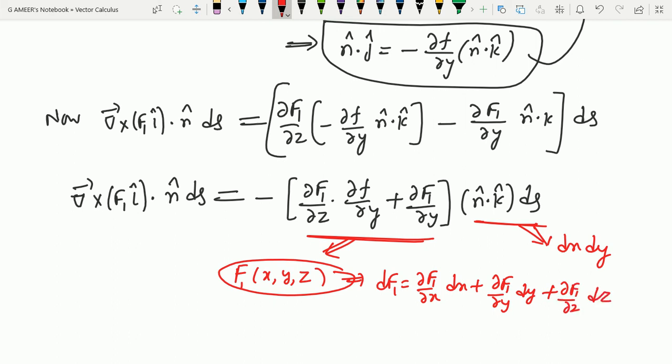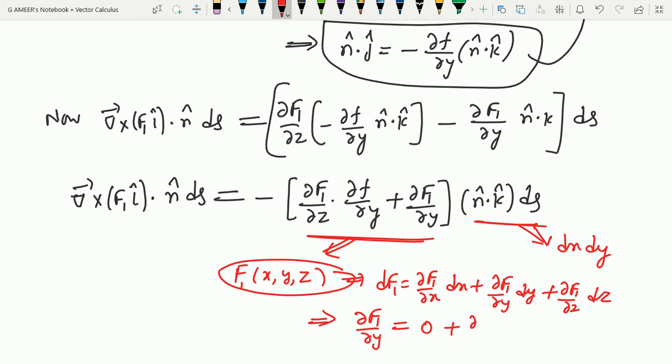Now, what happens if I differentiate with respect to y? So dou f1 by dou y will be the differentiation with respect to y. Here x is independent of y, so the first term will become 0.